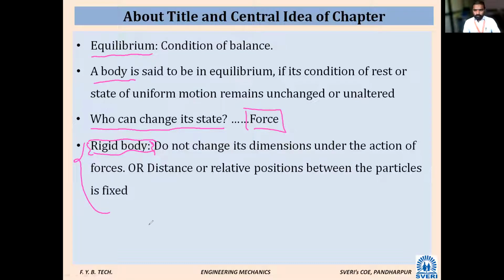First is equilibrium. Next one is a body is said to be in equilibrium. Then the third point is who can change its state. And the fourth one is the rigid body. Have you written?